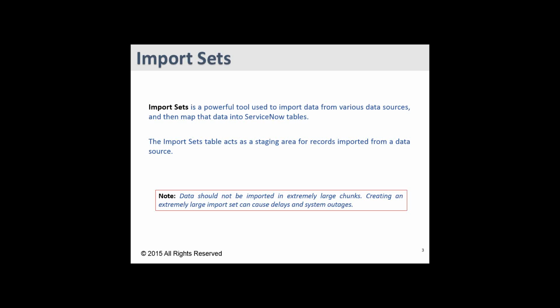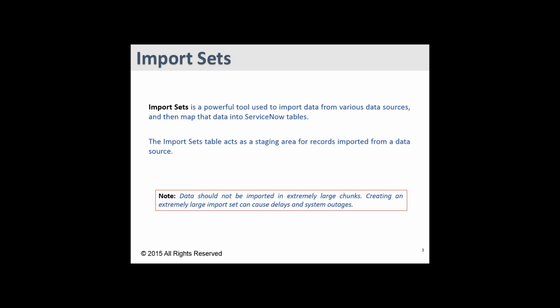So import set, let's take an example. If you want to load bulk data, we use import sets. Let's take an example. You got a requirement in real time. We used to get requirements from customers saying that I want 1000 user records to be created in the system.